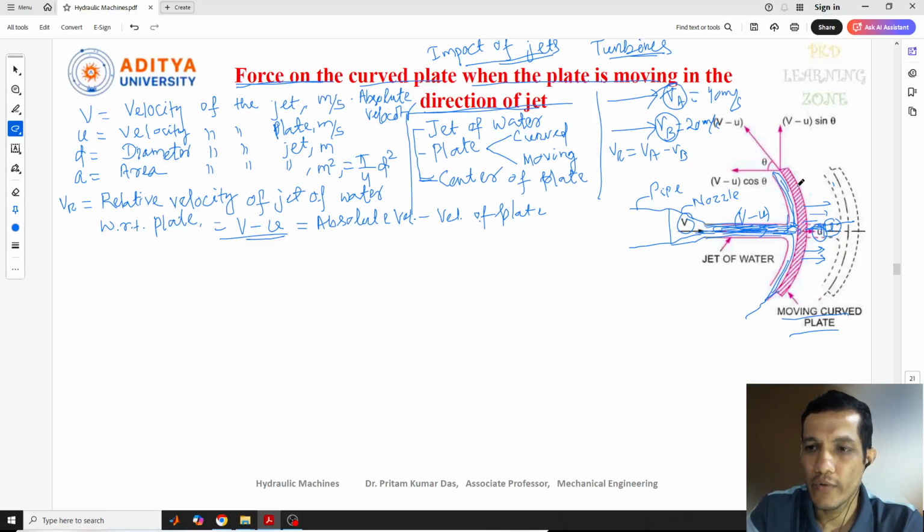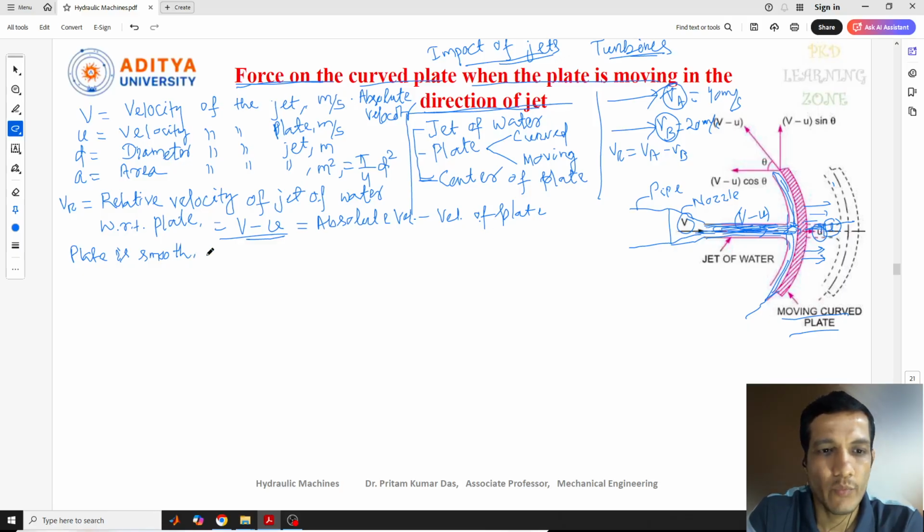Now we need to consider another concept. We consider that the plate is smooth, so that there is no loss of energy in the plate due to the impact of the jet.